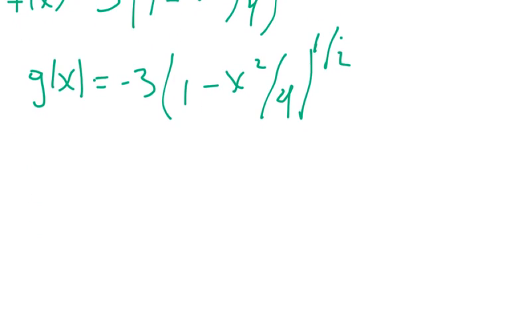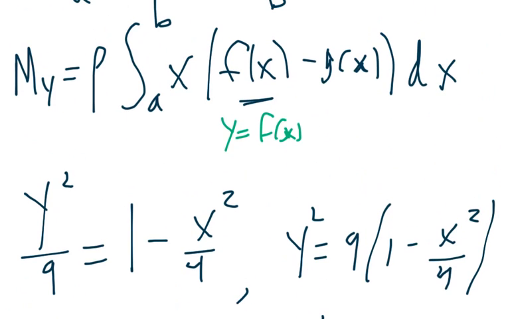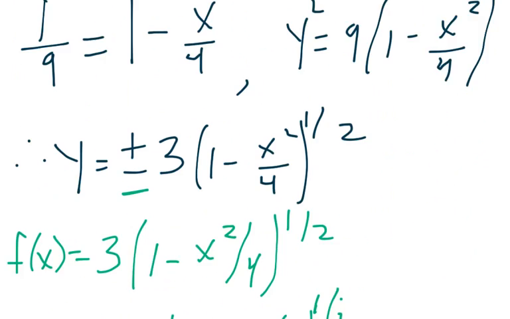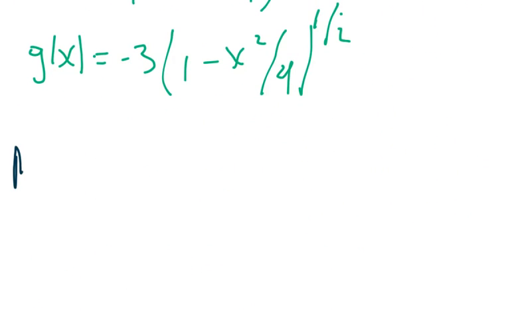Okay, so now if we look back up at this formula, we don't need our rho, right? We already decided we don't need that. So we have my. Well, a to b, our bounds are going to be from 0 to 2, right? That's the x-intercept.